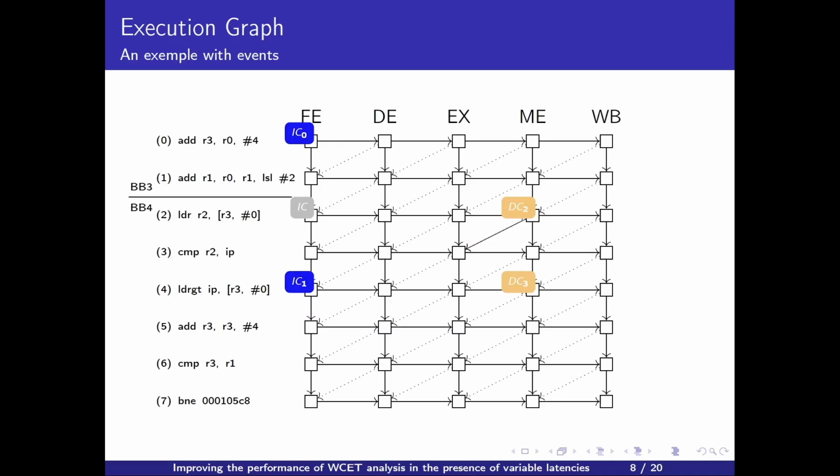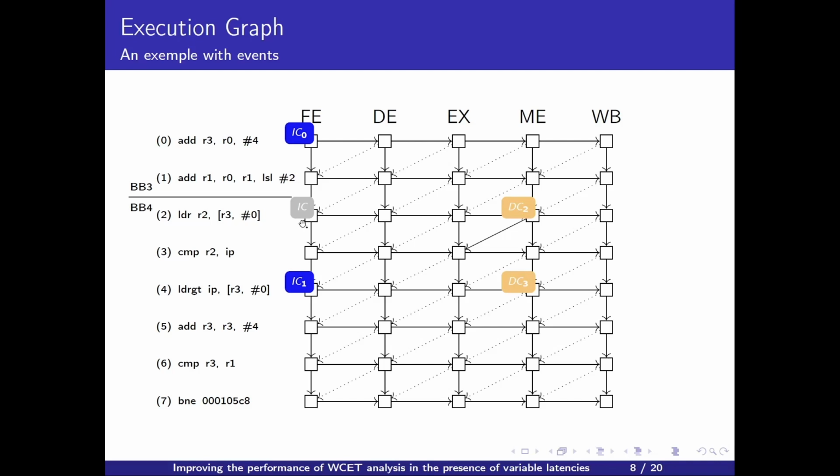Back to the example, we can consider 5 events: IC0, IC1, and IC2, the access of instruction cache, and DC2, DC3, the access of data cache. The cache analysis confirms that IC always results in a cache hit, hence not considered as an event.